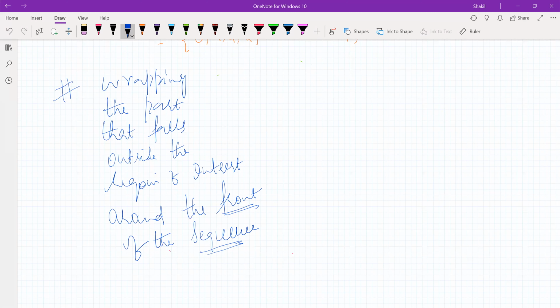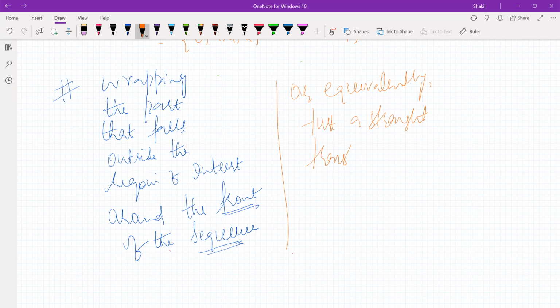Or, the same way as we did with the periodic extension, equivalently we can say it is just a straight translation of its periodic extension.